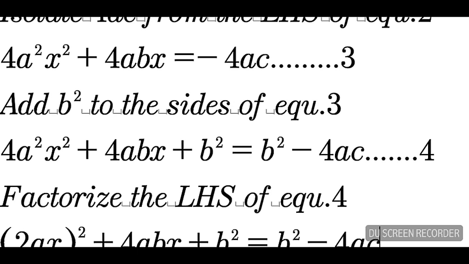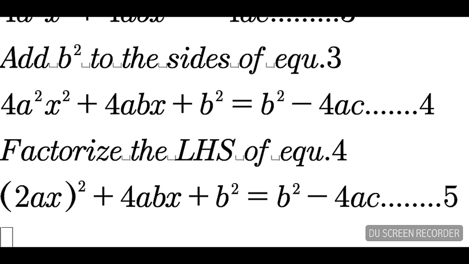Let's call this equation 5. But we note that equation 5 and equation 4 are the same. I just simplified the first term of equation 4, from 4a squared x squared, I reduce that to 2ax all squared. That is the rule of indices.